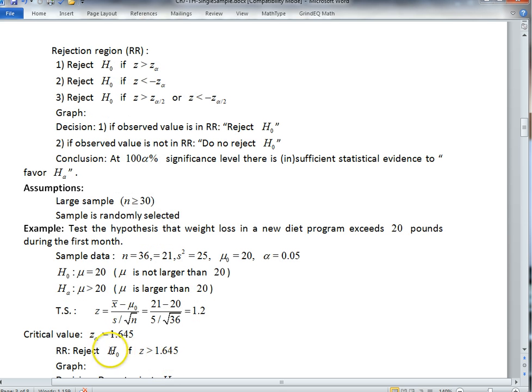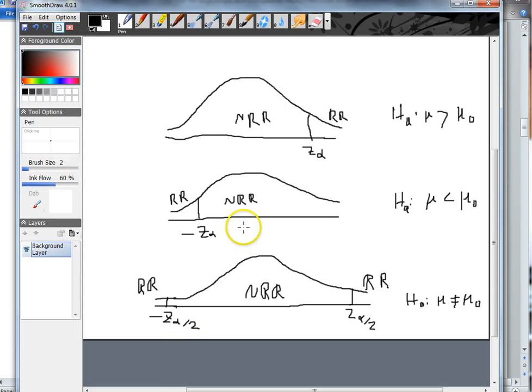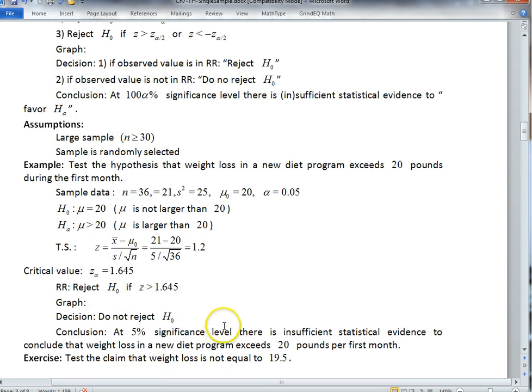Okay, so that means my rejection region would be: reject H0 if Z is larger than 1.645, and graphically I would be picking this graph here, where this value is 1.645. My Z is 1.2, so it's not going to be above, it's going to be down here. So I do not reject H0. So my decision is do not reject H0.